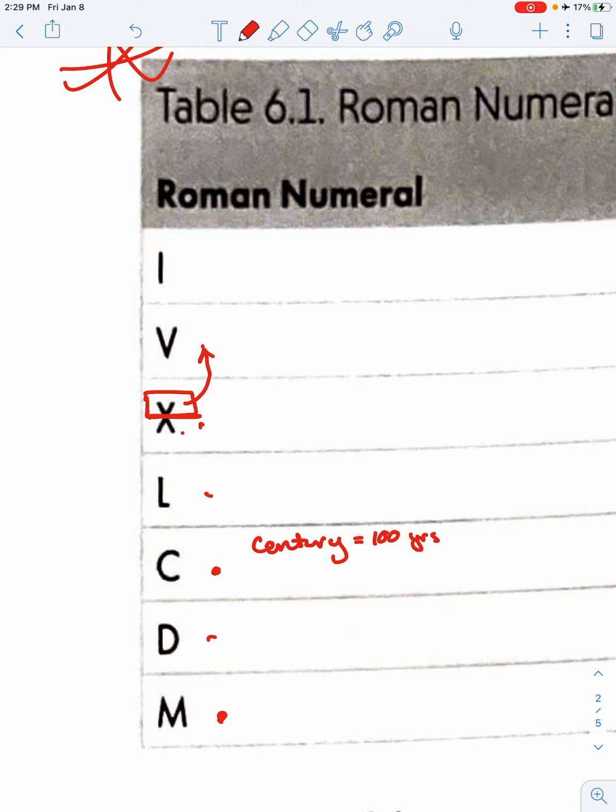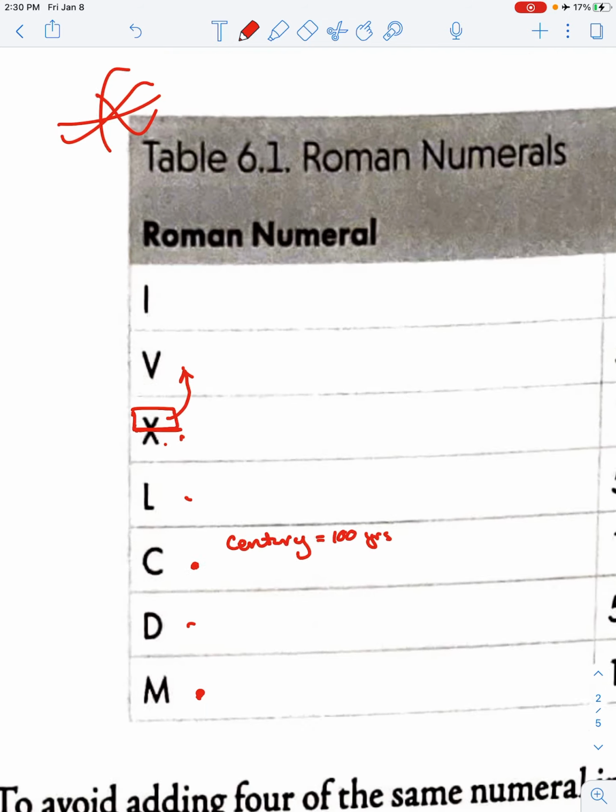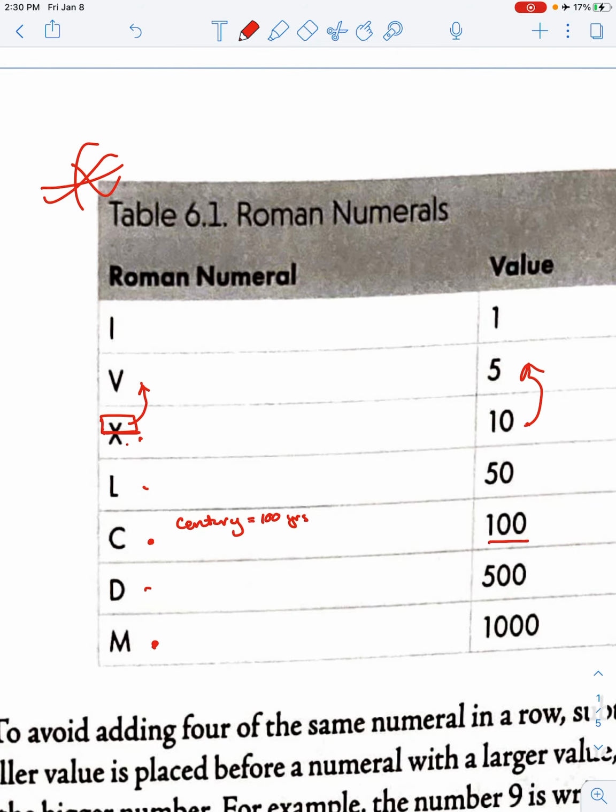Well, literally, centipede means 100 feet, right? Podiatrist, pedestrian. Many words in our language come from these Latin roots. So centipede means 100 feet. Centi, that Latin root, means 100. So C, you can remember, represents 100.